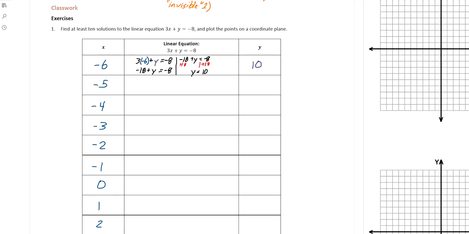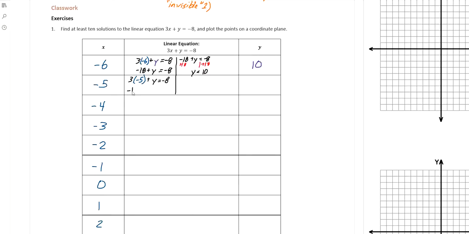If you're having a tough time remembering your addition facts of negative numbers, you could just do it the algebraic way like that. I am going to just substitute in and use our addition facts from here on out. Next one down, I'll have 3 parentheses, -5, plus y equals -8.